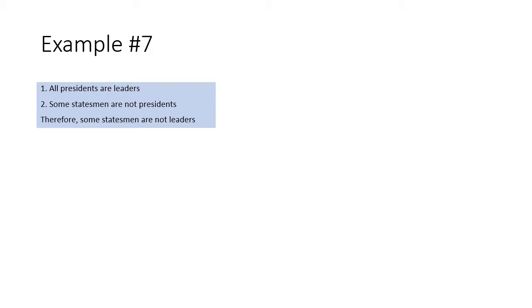Okay, example number 7. All presidents are leaders. Some statesmen are not presidents. Therefore, some statesmen are not leaders. So the subject of the conclusion here is statesmen, the predicate is leaders, and that leaves presidents as the middle term. Sorry, that was my cat.